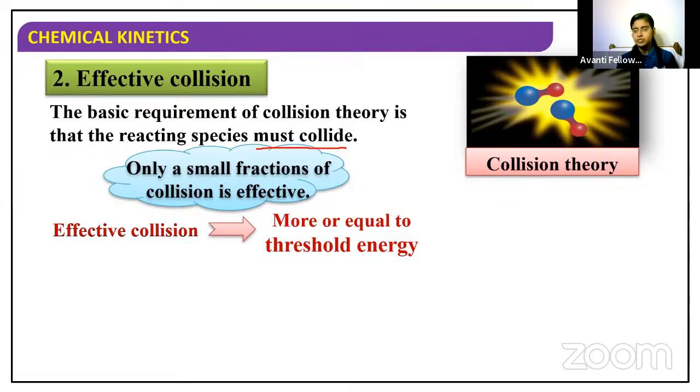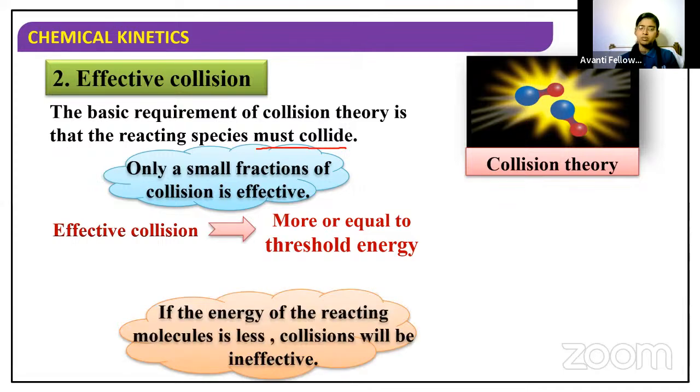For an effective collision to happen, the energy should be more than or equal to the threshold energy. If the energy of the reacting species is less, then the collisions will be ineffective.